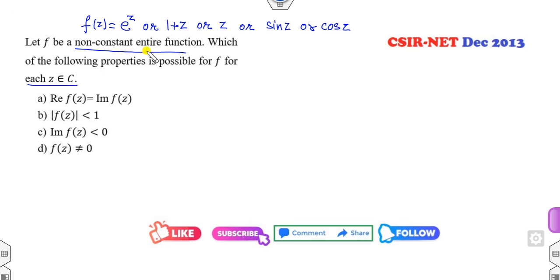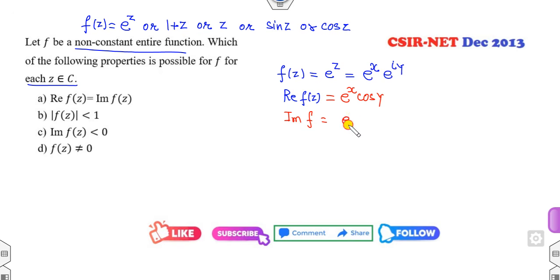Okay, again if I look at the first case, f of z is e raised to power z. I can write it as e raised to power x, e raised to power iota y. What is the real part of this? e raised to power x cos y. What is the imaginary part of f? e raised to power x sin y.